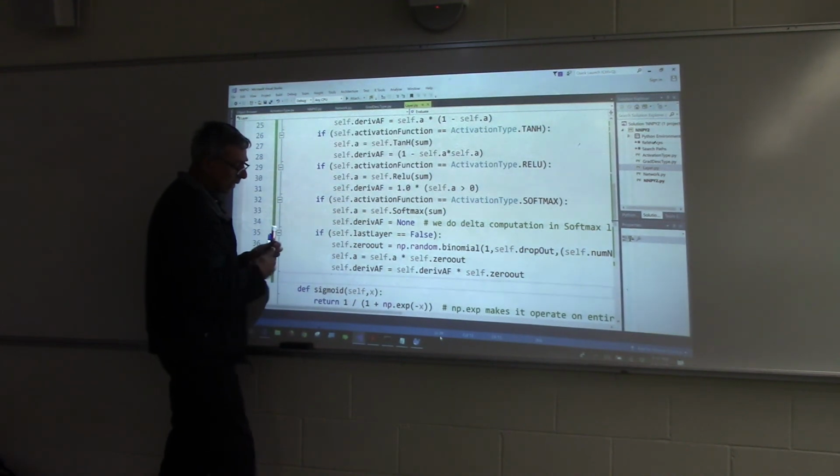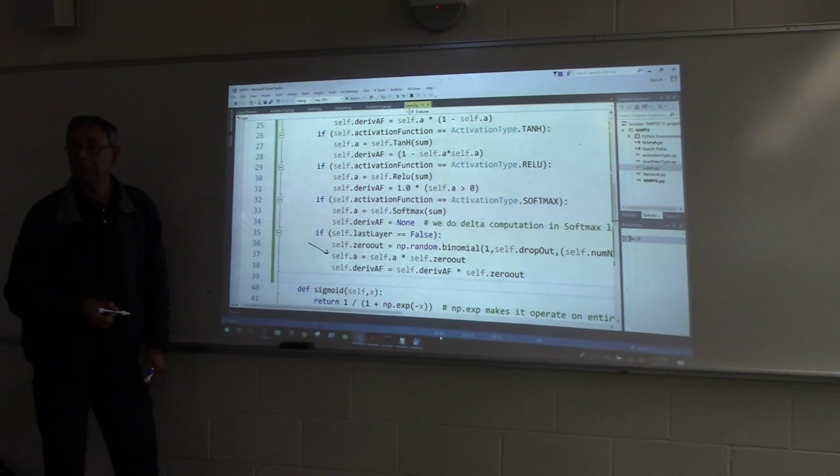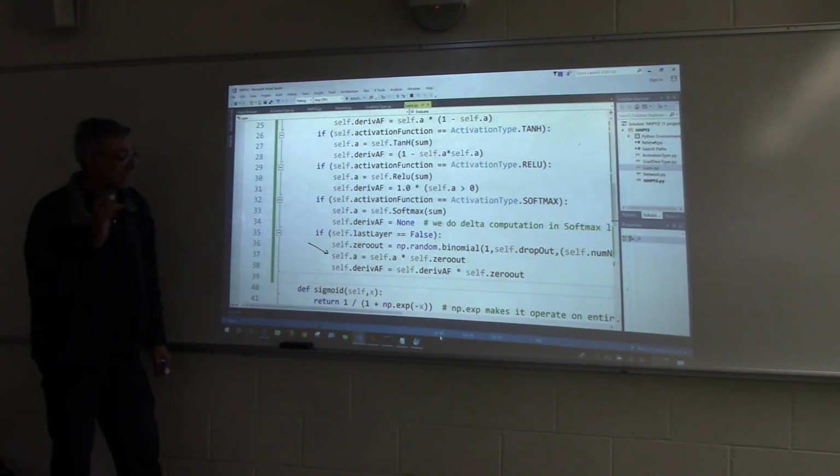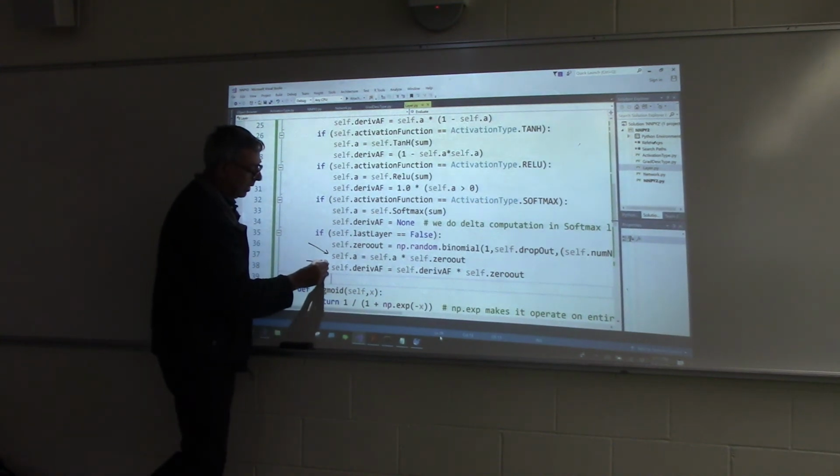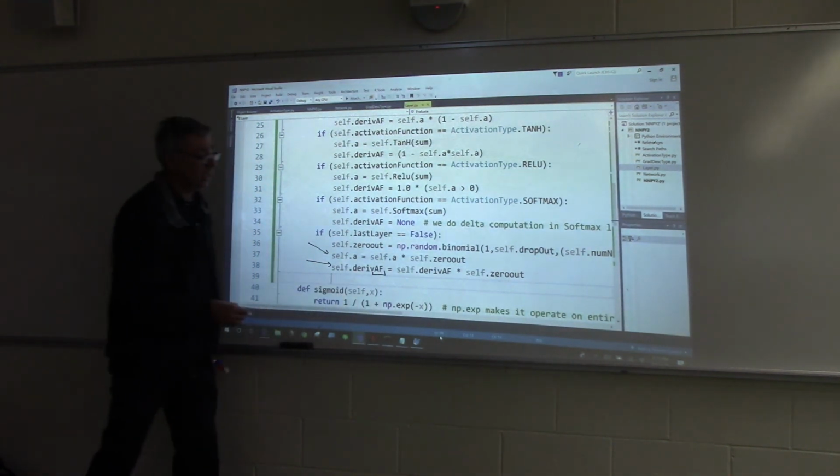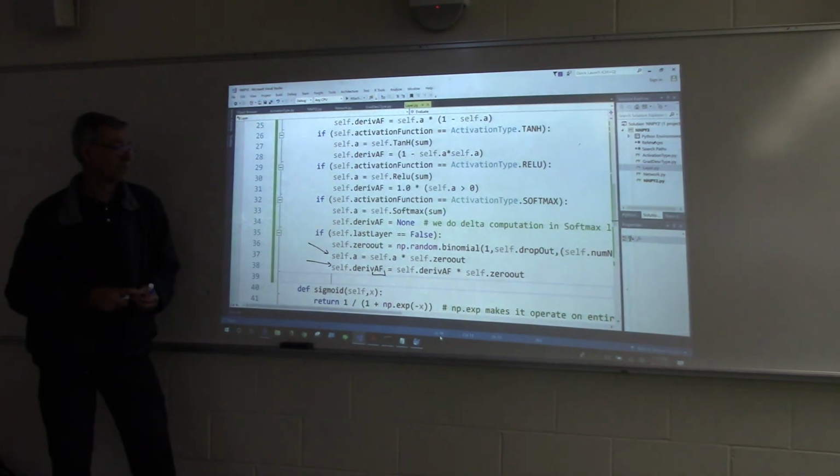Okay, then take a look over here. Does this line make sense? Because it's the output we are zeroing out. Then this is the derivative of the activation function. You also do the same. Same thing.